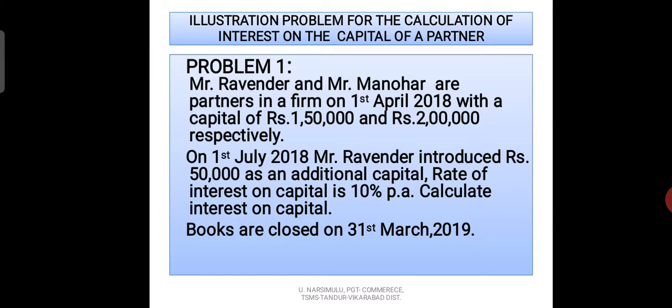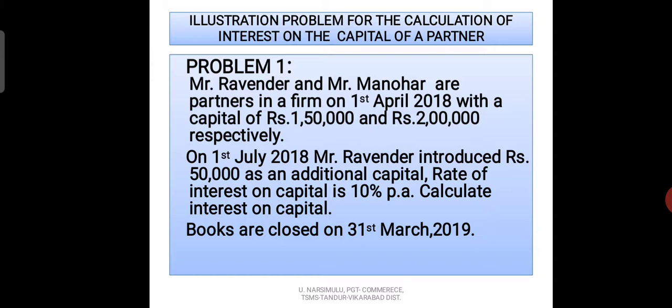And fourth point is that, is there any partner introduced any additional capital in the middle of the year? Yes, in this problem Mr. Ravindra introduced 50,000 rupees as additional capital into the firm. So this is the problem.